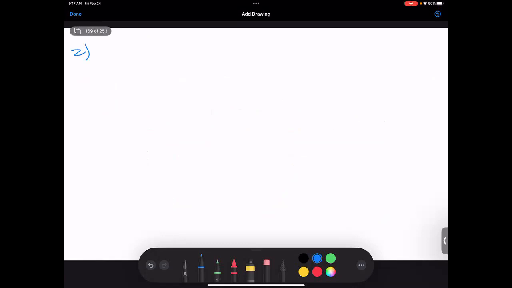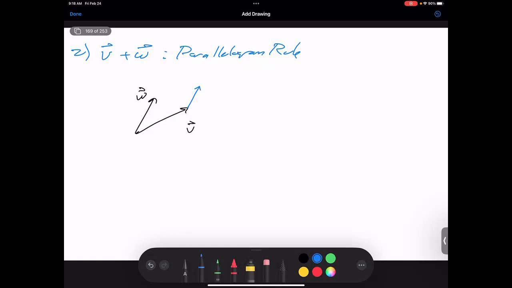Next is v plus w. This is the parallelogram rule. So if I give you, here's v, and here's w, what I can do is first move v, and then I can add on w.